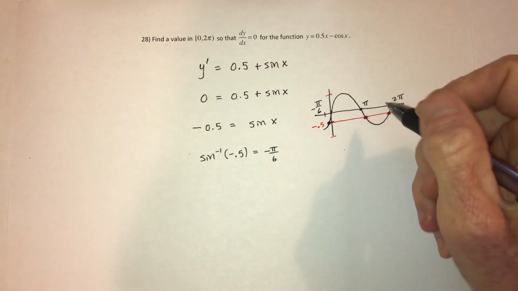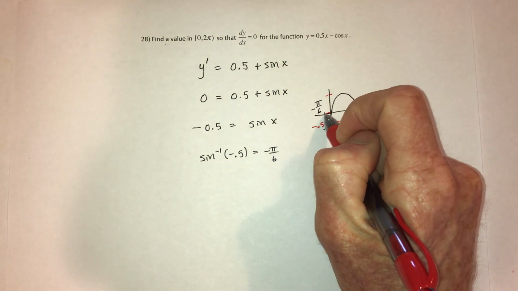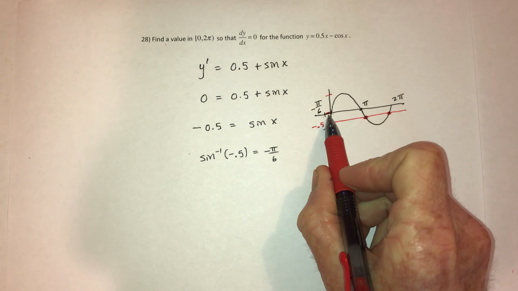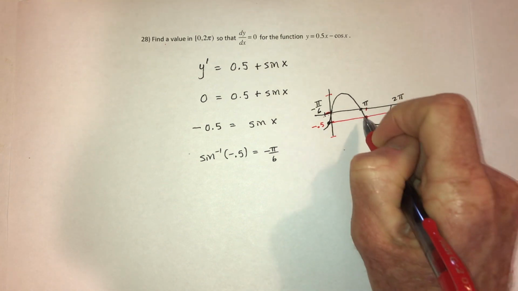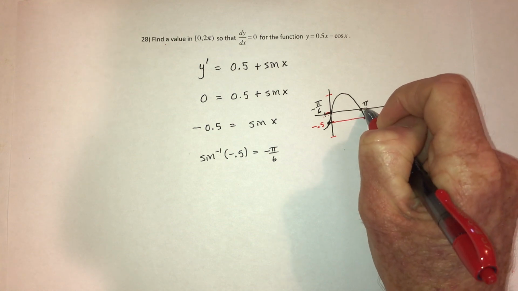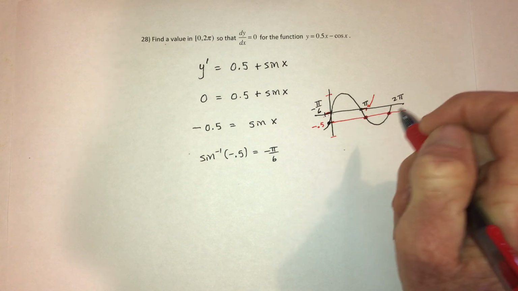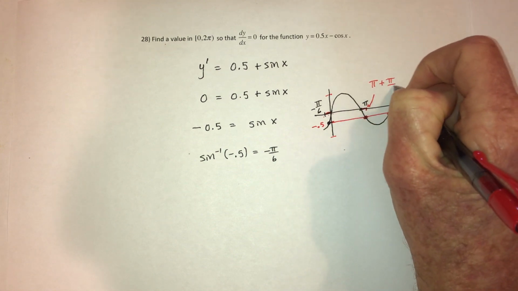Then what's this positive answer? Well, this graph is symmetric, so if from where it crosses the x-axis over to there is a length of pi over 6, then from pi to this answer is also a length of pi over 6. So in other words, this answer is just to the right of pi. So it's going to be pi plus pi over 6.